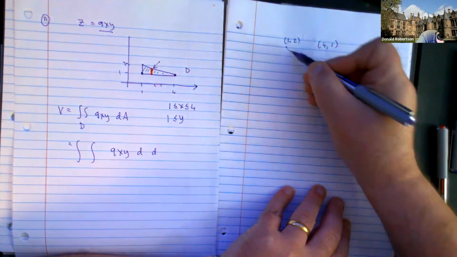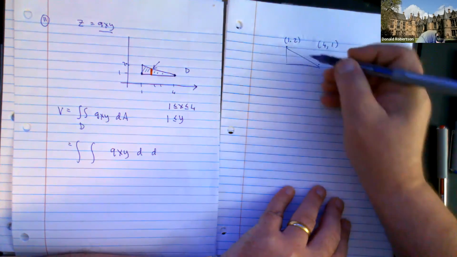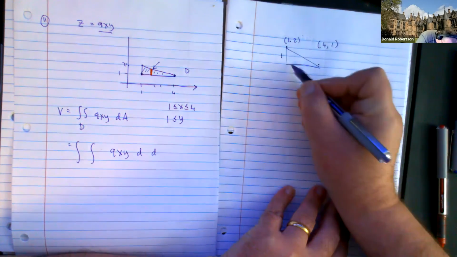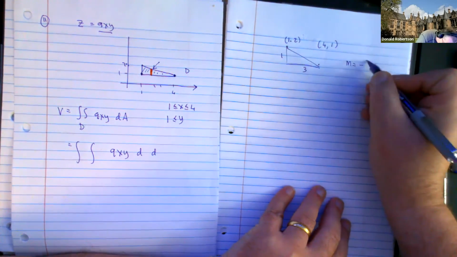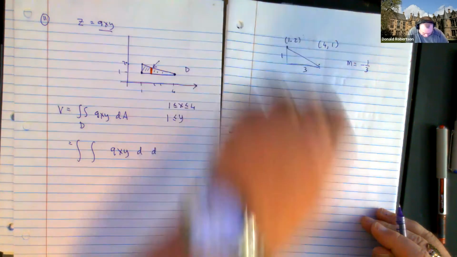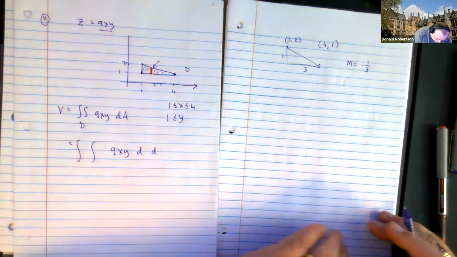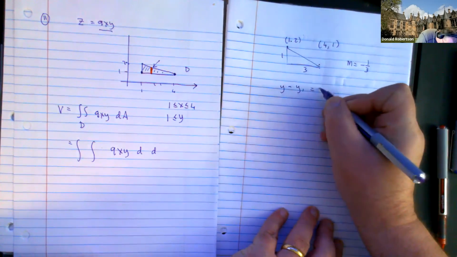Right? And if you imagine that's my little triangle, and I do this and I do this, I can tell you that the rise is 1 and the run is 3. So I know that the slope is negative 1/3, right? Rise over run, pointing downwards. And now I'm going to use the point slope equation to get the equation of the line.